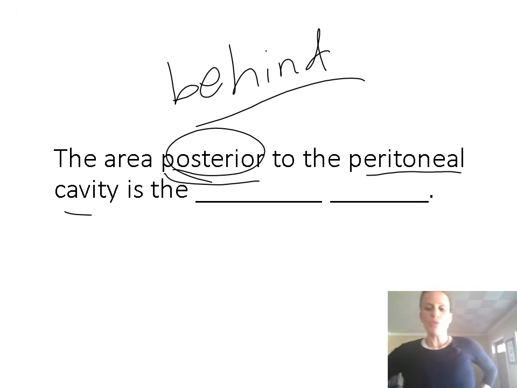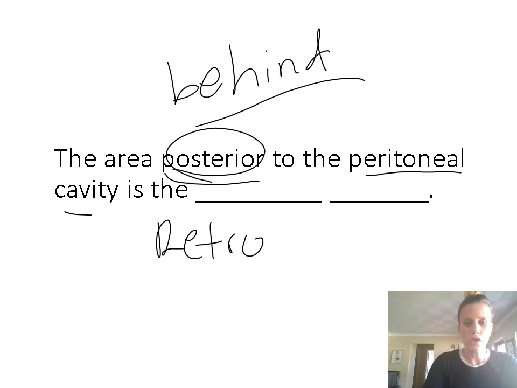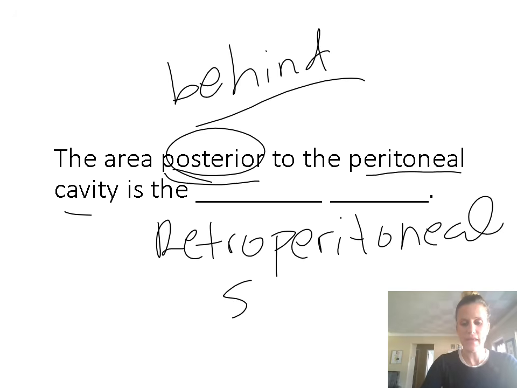Now there are some organs back here that are behind the peritoneal cavity, like the kidneys, for example. And we refer to that area as a specific space. That area is the retroperitoneal space. Okay, so the area is the retroperitoneal space.